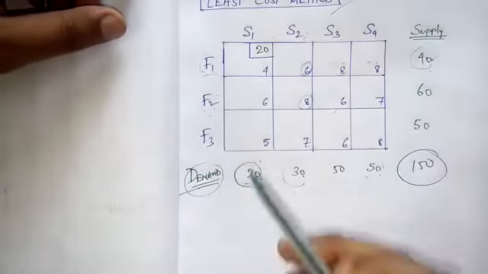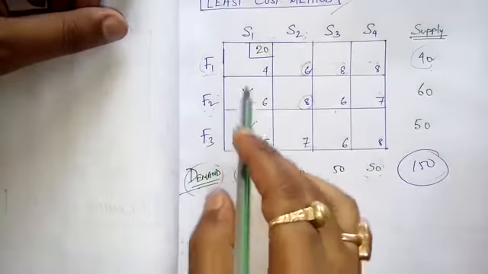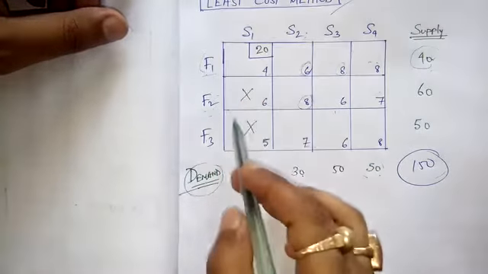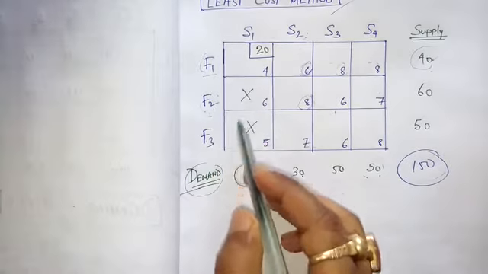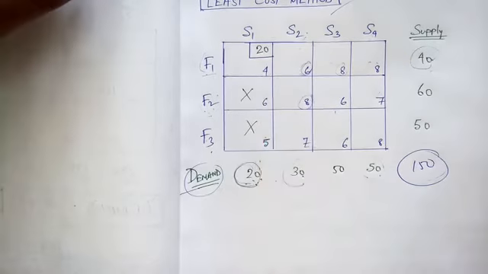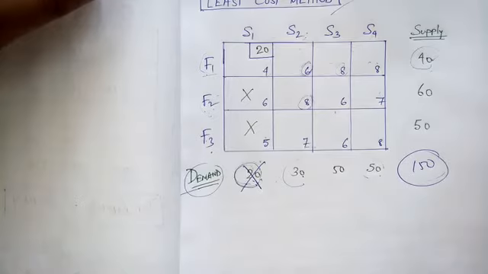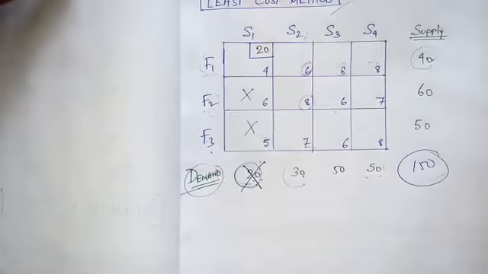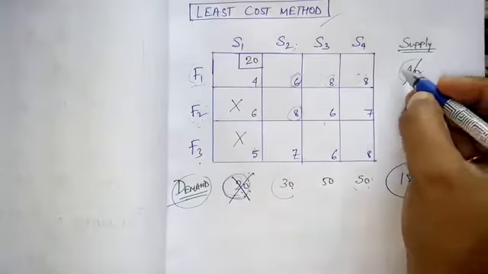Okay, and these boxes I will cross. Why? Because since the demand is already fulfilled, I will not supply any good from factory 2 to store number 1 and from factory 3 to store number 1. And also don't forget to write the balance.